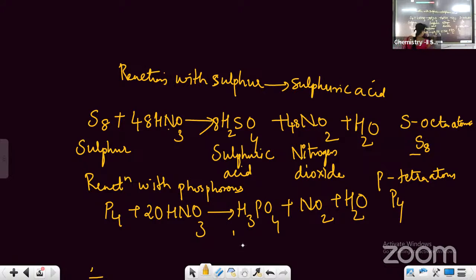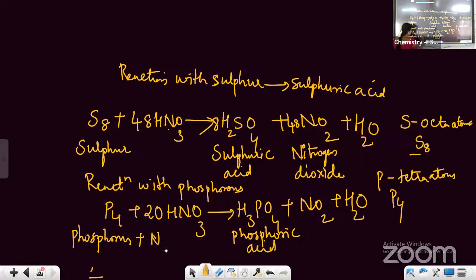Okay, so this is phosphoric acid. ये phosphorus molecule है, और ये नाइट्रिक एसिड. ओके, so it is giving फॉस्फोरिक एसिड, नाइट्रोजन डाइऑक्साइड प्लस वाटर. सो बैलेंस करो नाइट्रोजन. हाउ मेनी नाइट्रोजन आर देयर? 20 नाइट्रोजन, तो आपको यहाँ पे 20 लिखना है. तो प्लीज ट्राई स्टूडेंट्स, ट्राई करे तो ही आता. ओके, 20 NO2. फॉस्फोरस कितने हैं? 4 है.